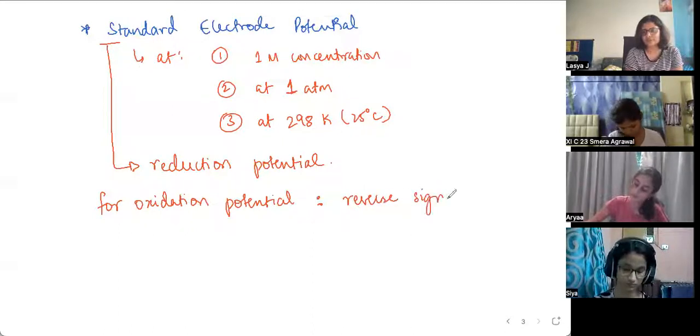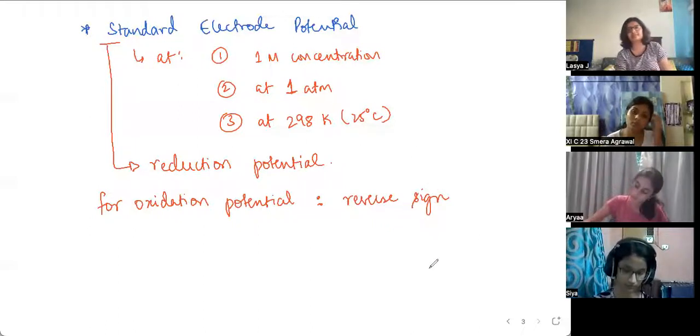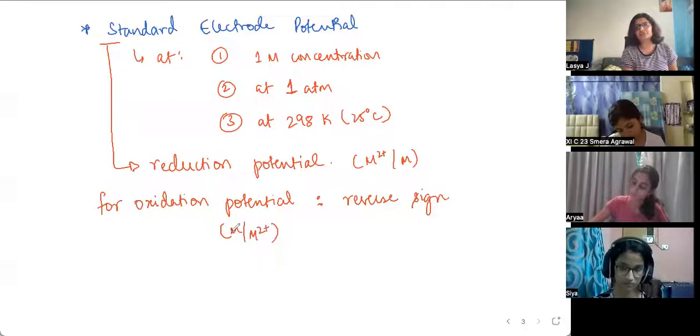The value will not change because the conditions are the same. The numerical value will remain the same. But whether you're going from M2 plus to M or M to M2 plus, reduction or oxidation, simply the sign will get reversed. The rest of it all remains the same.